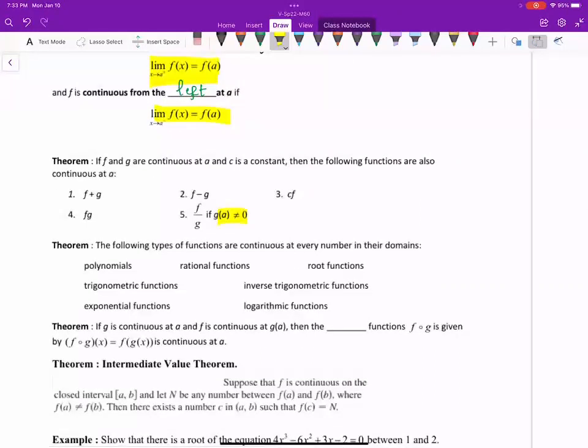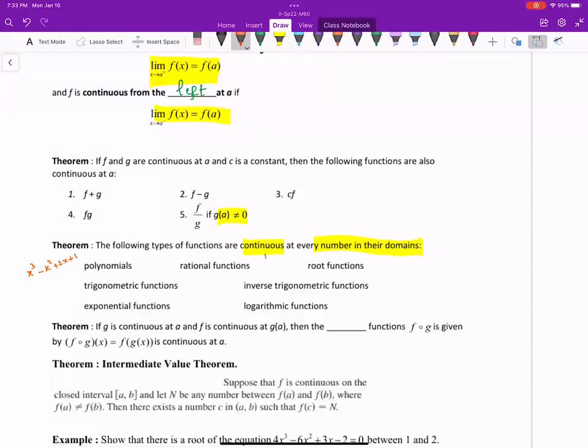Okay. The following types of functions are automatically continuous at every number in their domain. At every number in the domain, that part is important. Polynomials. You know what polynomials are? Anything which has an integer coefficient, right?